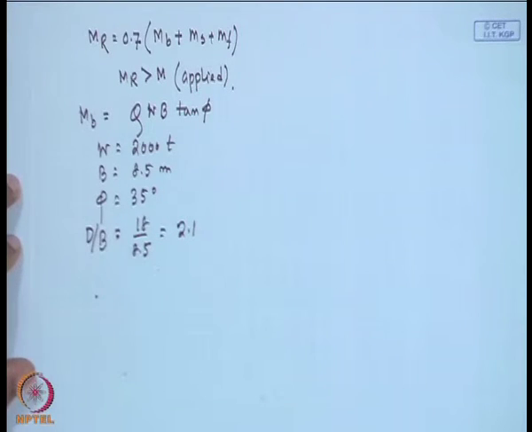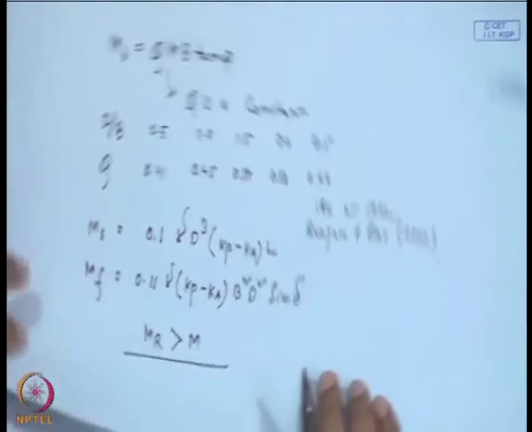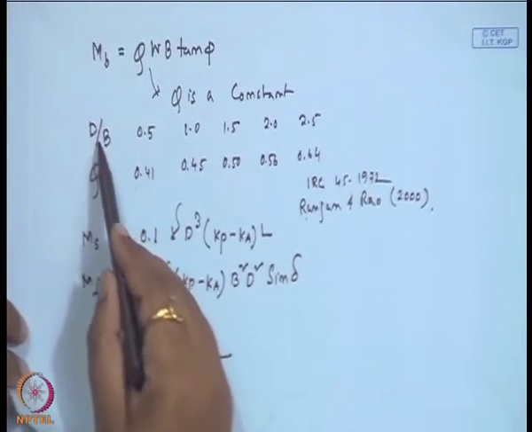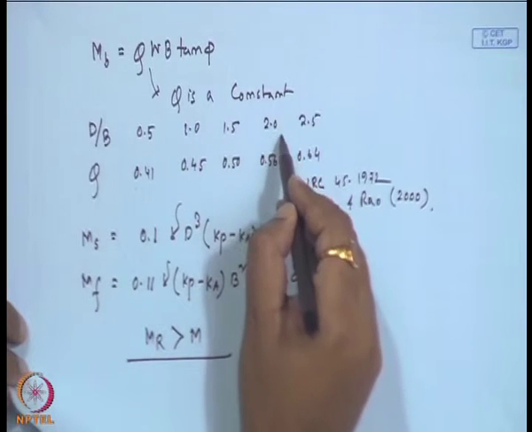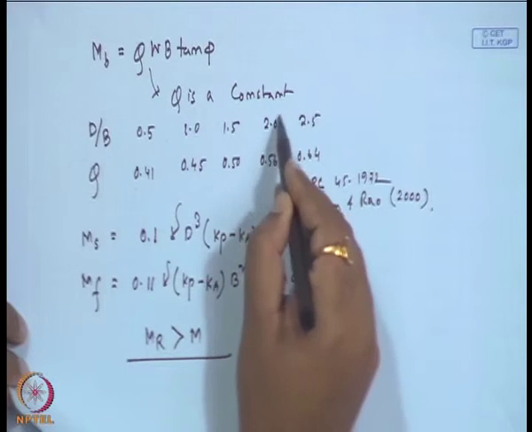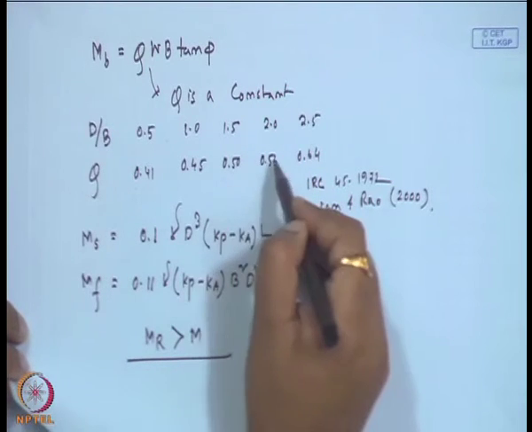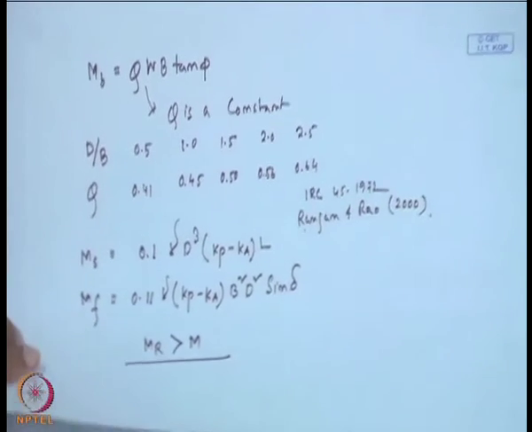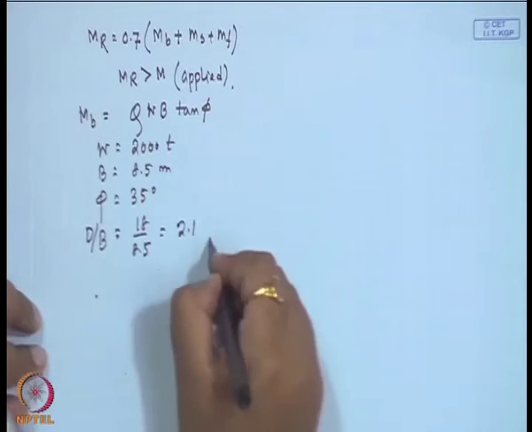Once we get this D by B, then from the table we can determine the value of Q. D by B is 2.1, surrounded by 0.56 and 0.64, so in between, the Q value comes out to be around 0.58.